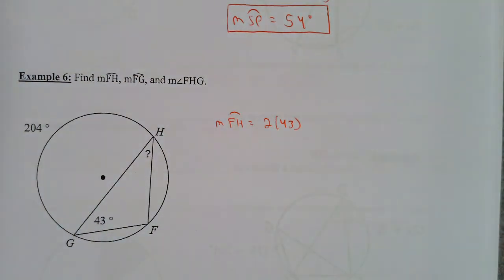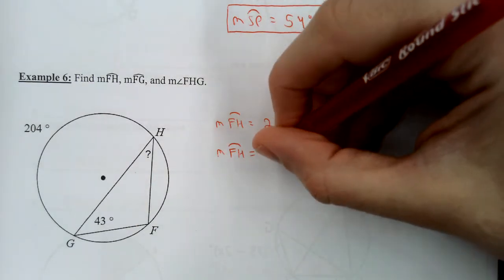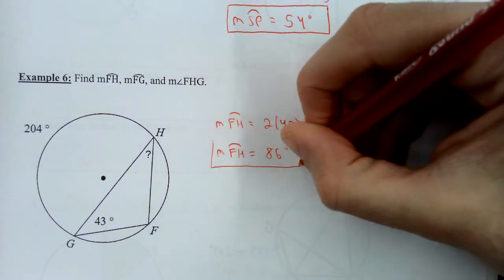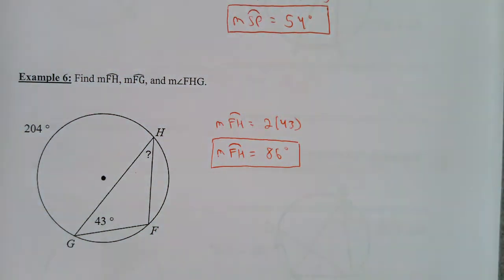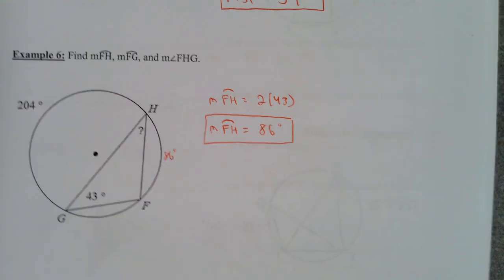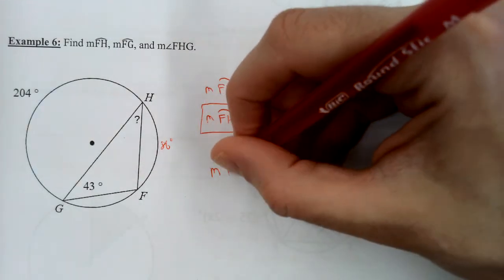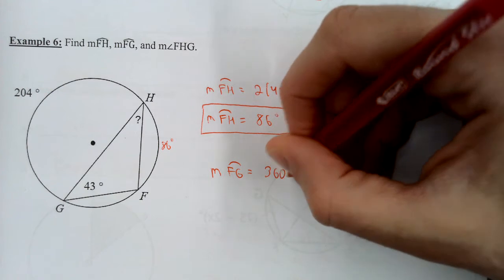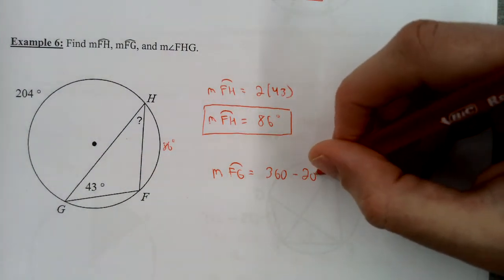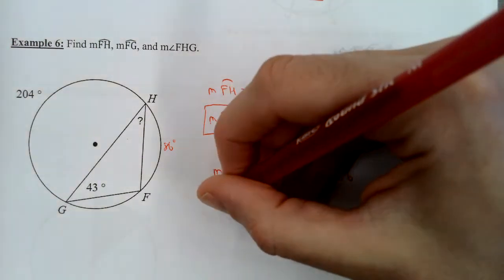So 2 times 43 is 86. Now remember, all the arcs add up to 360. So I'm going to say the measure of arc FG equals 360 minus 204 minus 86. So all the arcs add up to 360, right? That'll give us 70 degrees for arc FG.